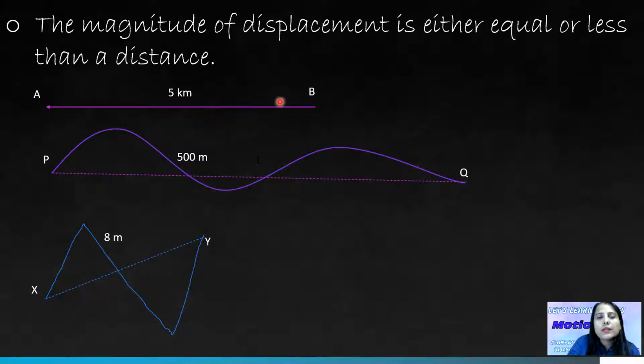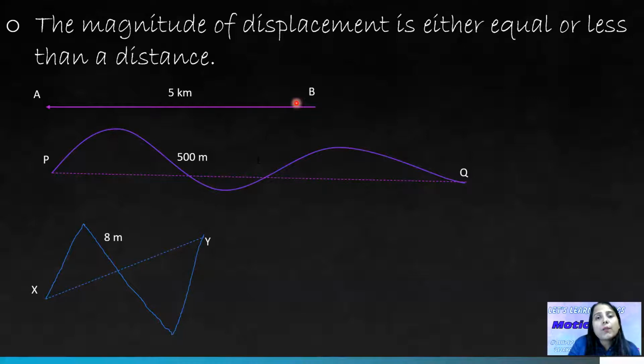What does it mean then? It's covering 5 kilometer straight distance. Now, if you are asked to find out the displacement, the shortest distance covered, here we don't find a shorter distance. The shortest distance is just the same as the distance covered, isn't it? Because it's covering a straight line path.